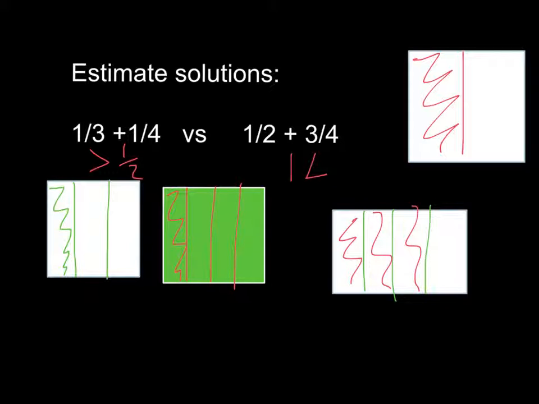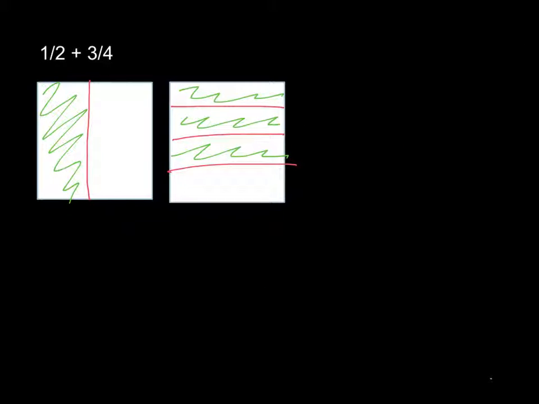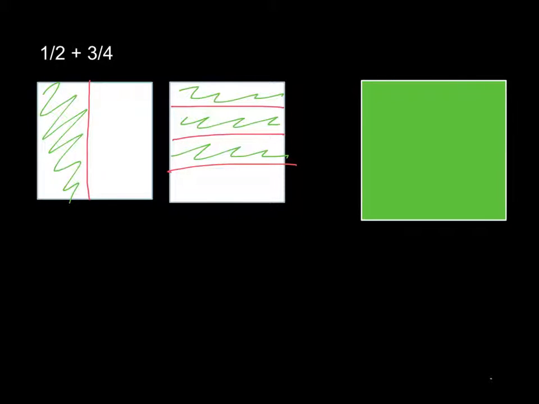So let's look at 1/2 plus 3/4 a little bit more. I already remember from the last lesson that I need to split this first rectangle in half and then split this rectangle into 3/4. When I do my next rectangle, I'm going to split it in half vertically and then 3/4 horizontally.